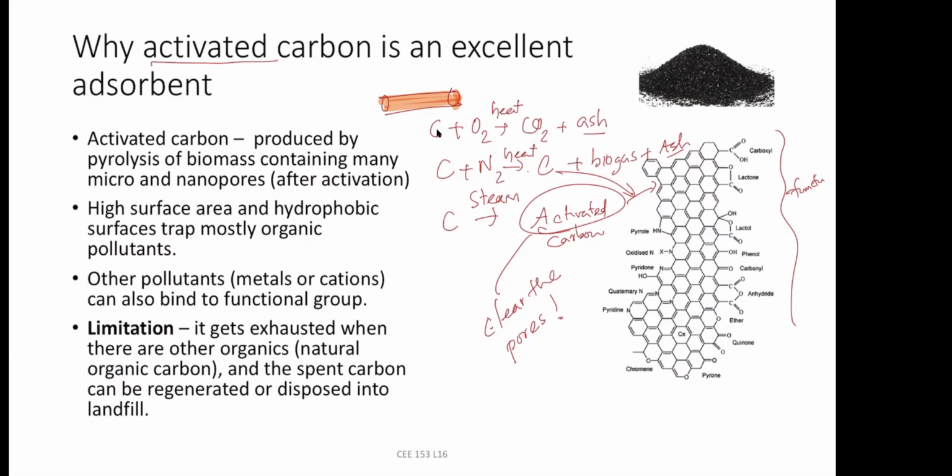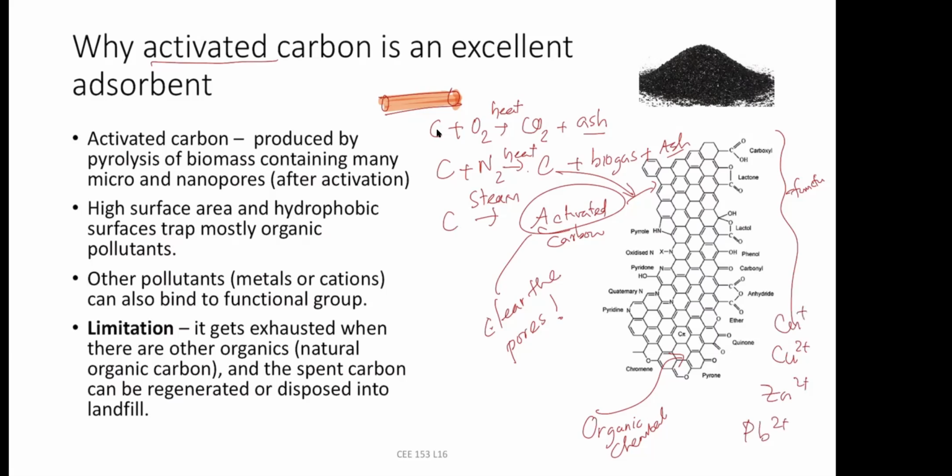And now the question is, how does it remove them? All the hydrophobic organic contaminants, so organic chemicals mostly will adsorb here, on this carbon-carbon bond by hydrophobic interactions. Any kind of metal, let's say copper 2 plus, think of zinc 2 plus, let's say lead, you have also copper 1 plus.